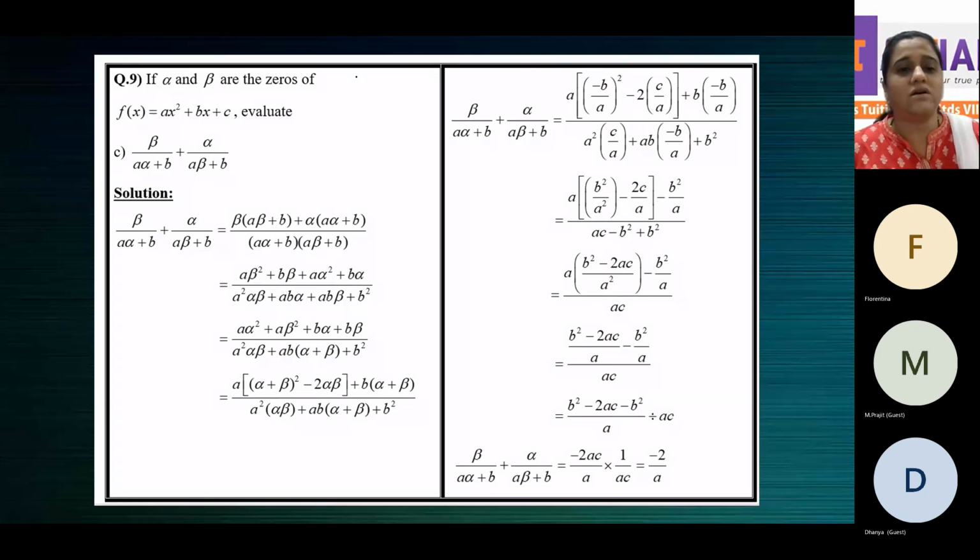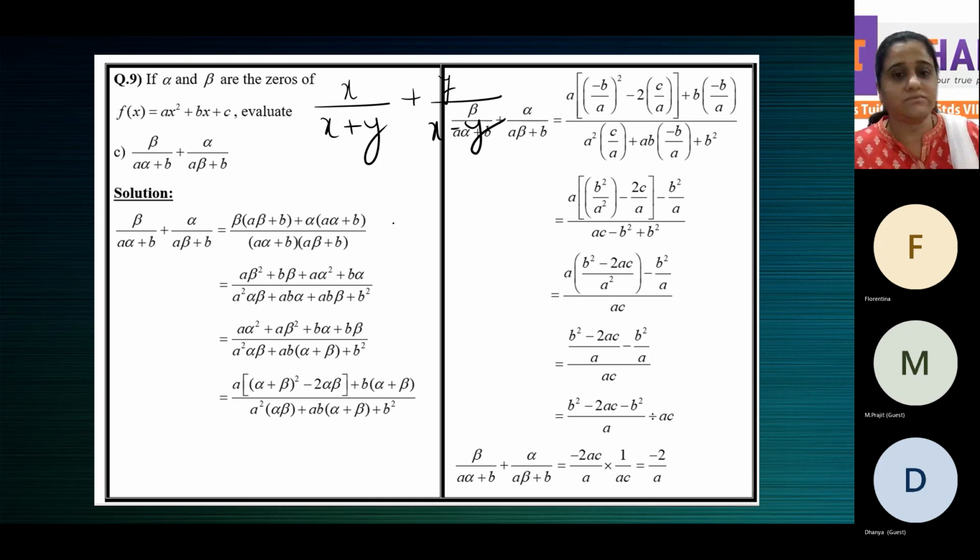Okay, so if you have x by x plus y plus y by x minus y, what's the common denominator? x plus y into x minus y is the common denominator. Correct? And here we have x plus y, so the numerator should be multiplied by x minus y.